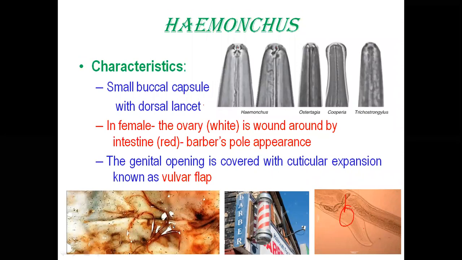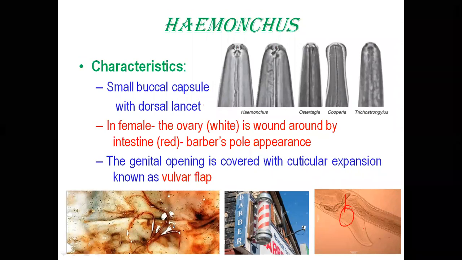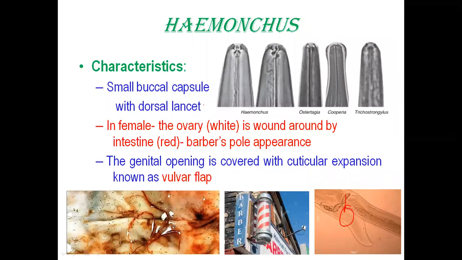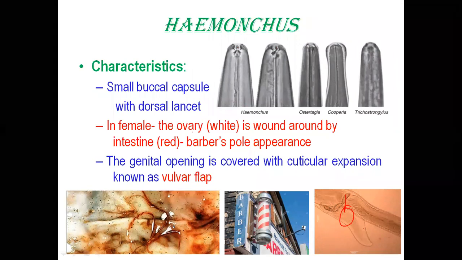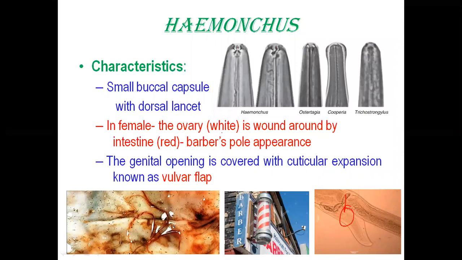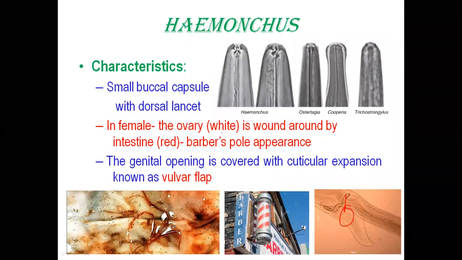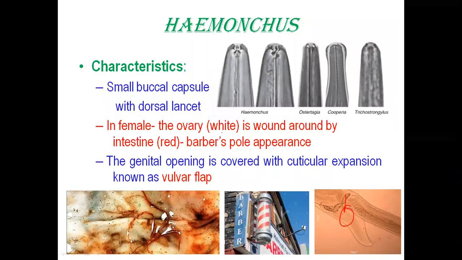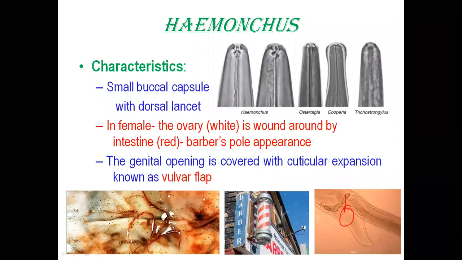Due to that, the parasite is able to draw blood, or suck the blood of the host. Due to this blood feeding nature, the intestine is red. So the intestine, which is reddish in color, is winding around the ovaries. This is known as barber pole appearance, or commonly known as barber pole worm.